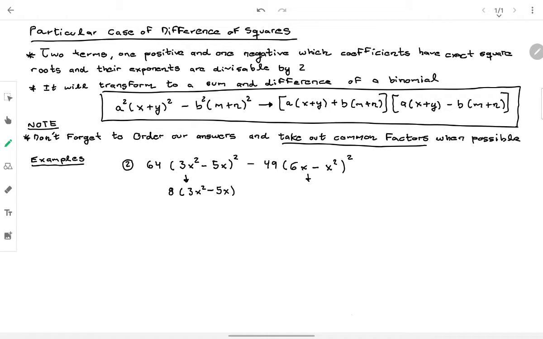The second one has a specific square root that is 7 that multiplies 6x minus x squared. Then I will put the one that is positive on the two parentheses or brackets.